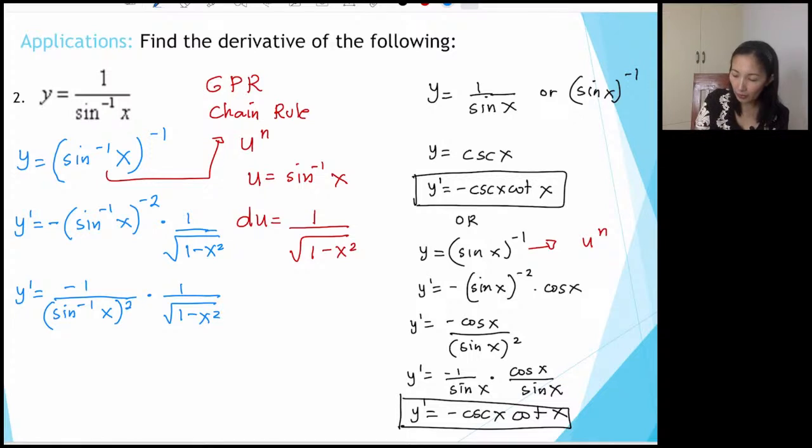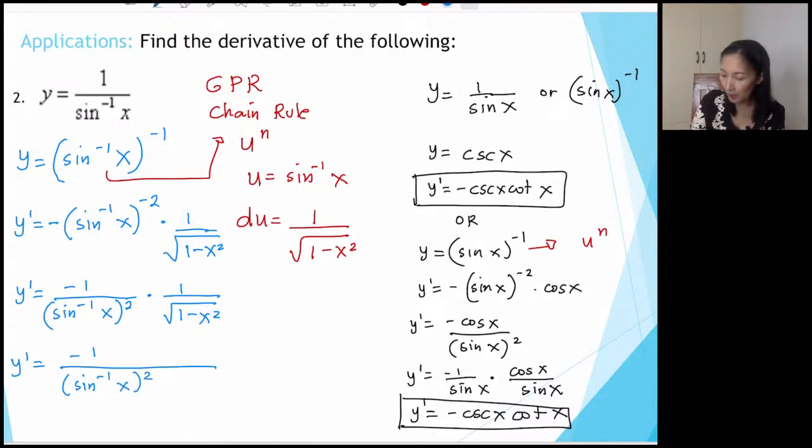Or finally, negative 1 all over the quantity arc sine of x squared times the square root of 1 minus x squared. So, this is our final answer.